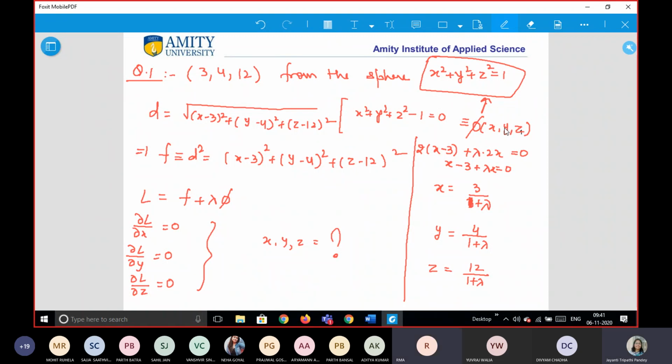So when you put the value of x, y, z in this equation, that will give you some condition on lambda.